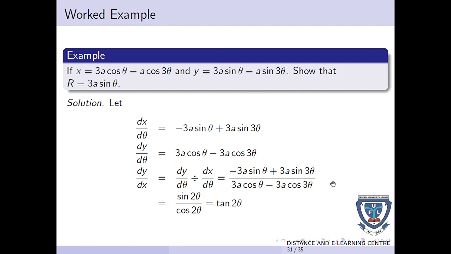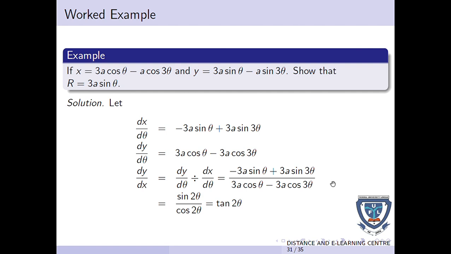If x is equal to 3a cos theta minus a cos 3 theta and y is equal to 3a sin theta minus a sin 3 theta, show that r, the radius of curvature, is equal to 3a sin theta. Let dx/d theta be minus 3a sin theta plus 3a sin 3 theta.